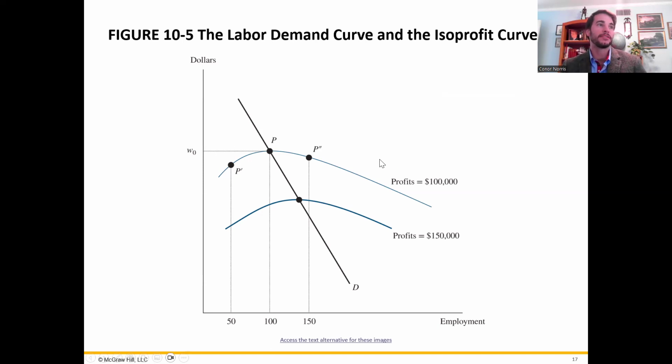However, because that isoprofit curve is farther up, it represents a lower level of profit. So this point P is the point where, at that wage, the firm is able to maximize their profit.